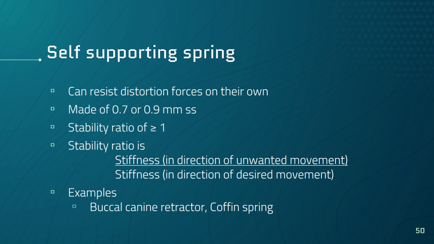Stability ratio just simply means the stiffness in the direction of unwanted movement divided by the stiffness in the direction of the desired movement, and preferably should be equal or more than 1. Examples of self-supporting springs are the buccal canine retractor and a coffin spring.